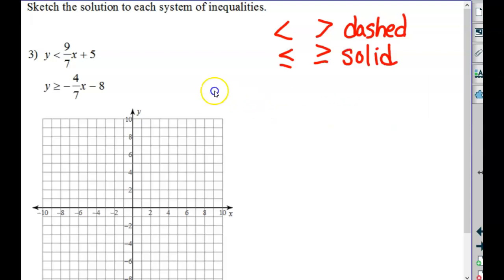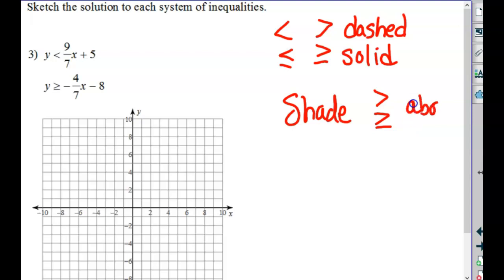And then the other thing is, these are the questions where you have to shade, okay? And a greater than or equal to, you shade where the y-axis points above the line. And a less than or equal to, you shade where the y-axis points below the line. Does that sound familiar to everybody? You can certainly do those if you want.